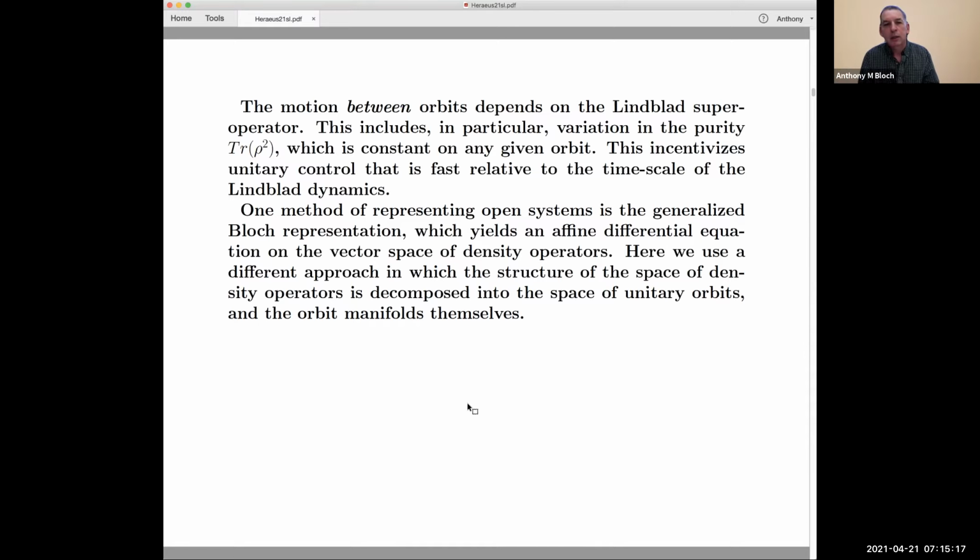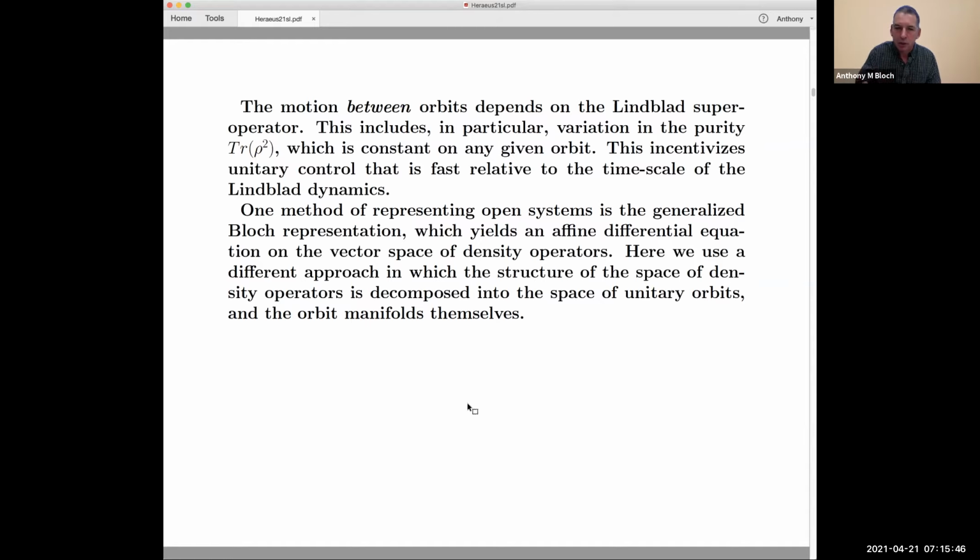And so one of the interesting things about this is one often thinks of dissipation and decoherence as hurting one, which in some sense it does. But for controllability, sometimes it can be helpful. A particular example is controlling purity. This is going to be my main example in a way: if you're at the interior of the Bloch ball, for example, and you want to get to the edge, then the Lindblad term helps you because it enables you to escape from these adjoint orbits.